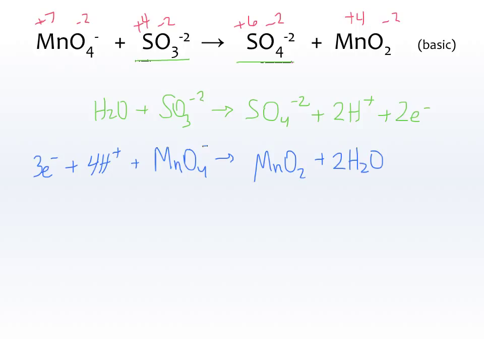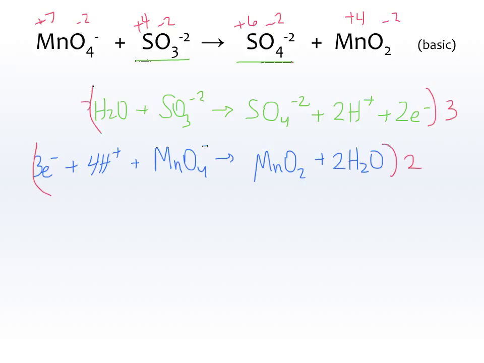Next thing we're going to do is multiply to make the number of electrons equal. So now we're going to have to multiply this entire reaction by 2 and this entire reaction by 3. So we're going to distribute that 3 in and distribute that 2 in. At this point, I highly recommend rewriting what you have because it's going to start to look a lot like chicken scratch and it'll be really hard to tell what's going on.